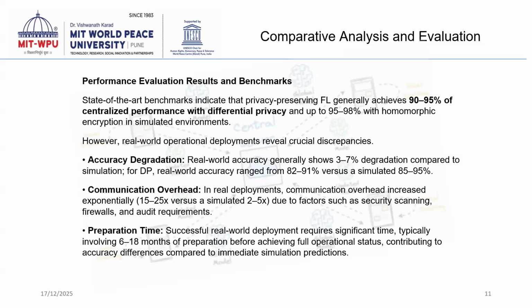However, real world deployment showed increased communication overhead of up to 15 to 25 times higher, and accuracy degradation of 3 to 7%. Additionally, practical deployment often requires 6 to 18 months of preparation, highlighting the gap between simulation and operational reality.